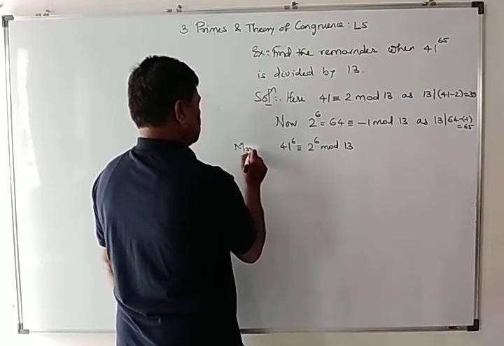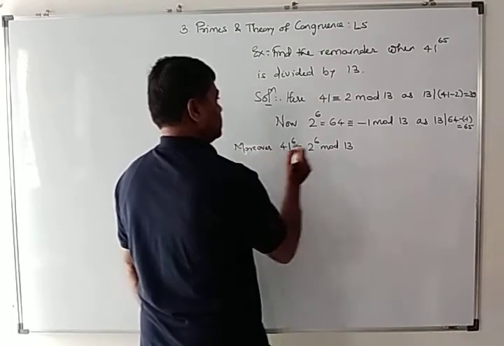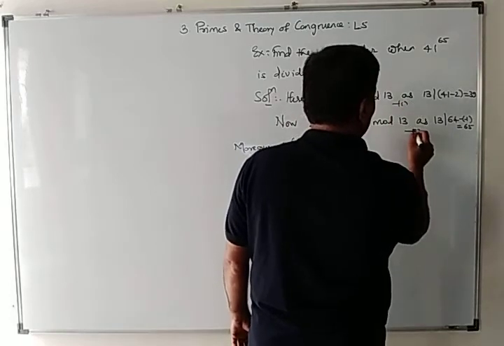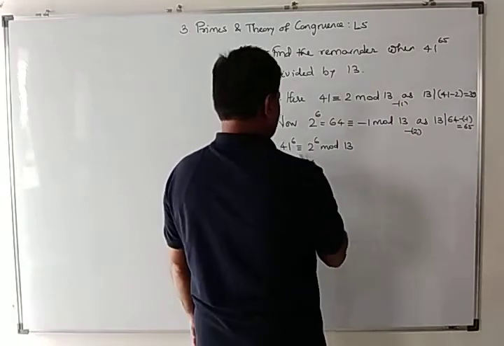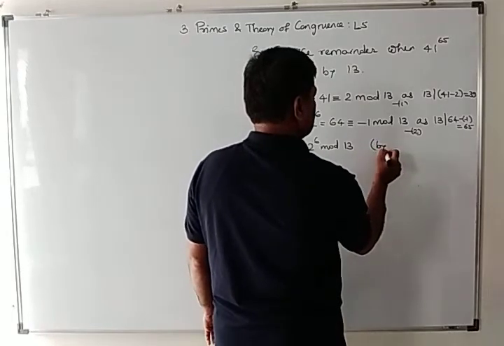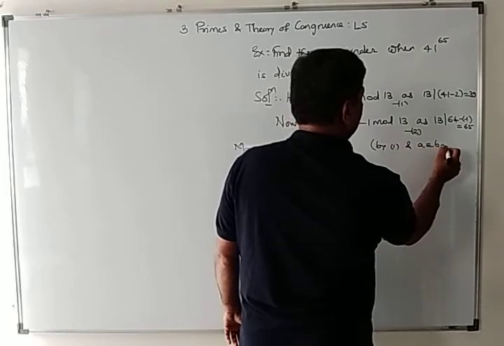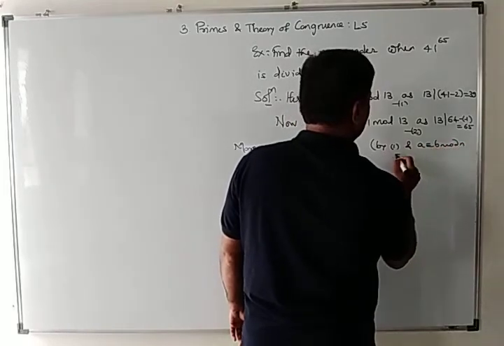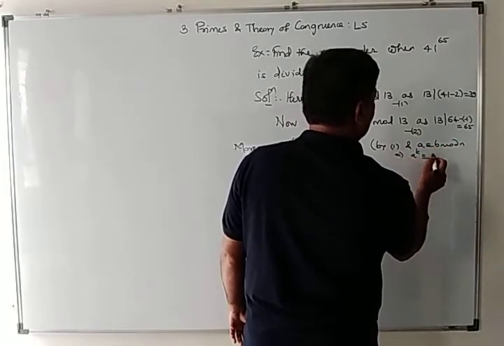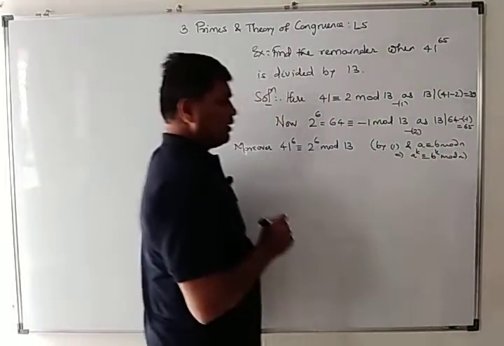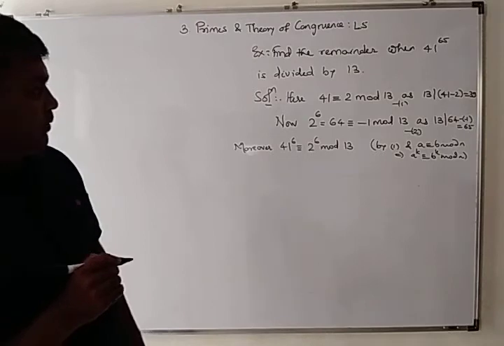Moreover, this is 1, this is 2, right, this is by 1, and A is congruent to B mod n implies A raised to k is congruent to B raised to k mod n. By using this we are getting this one.